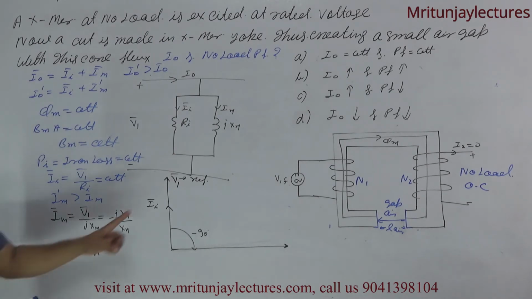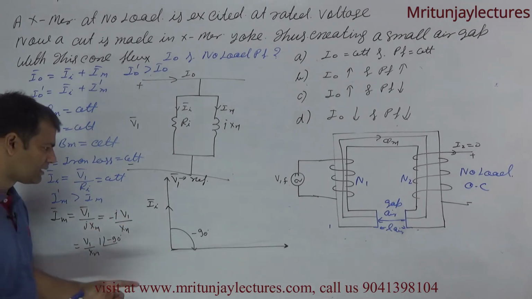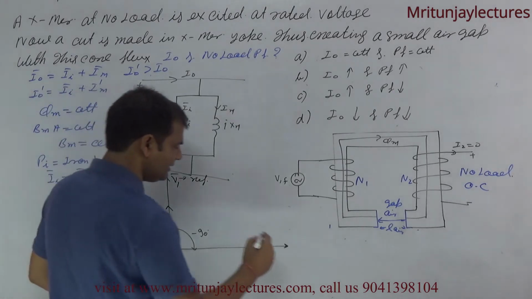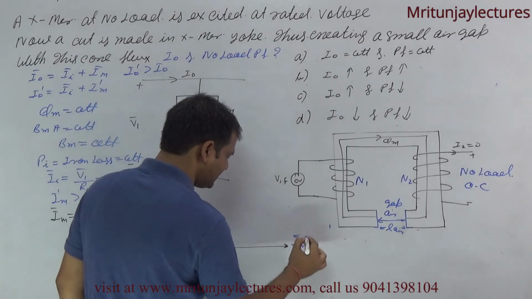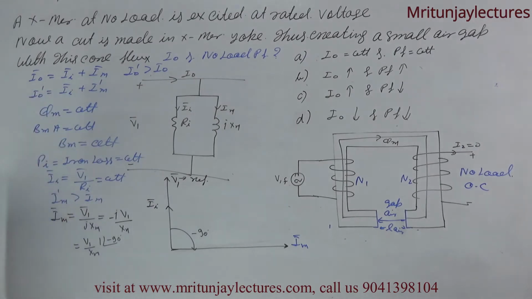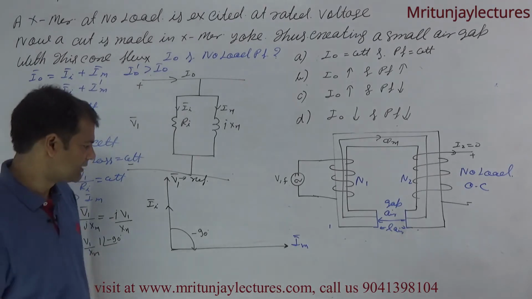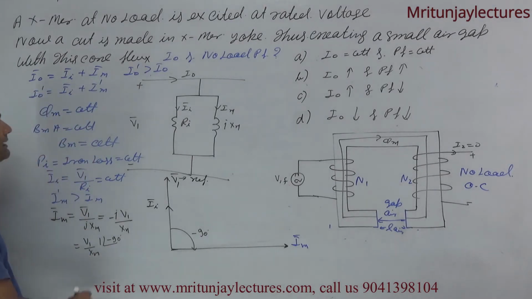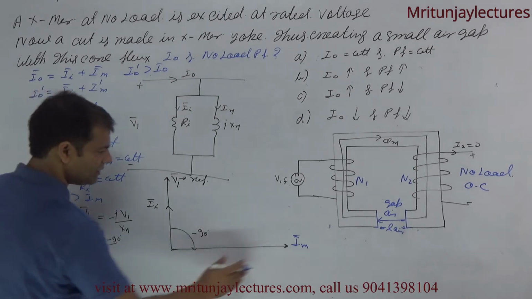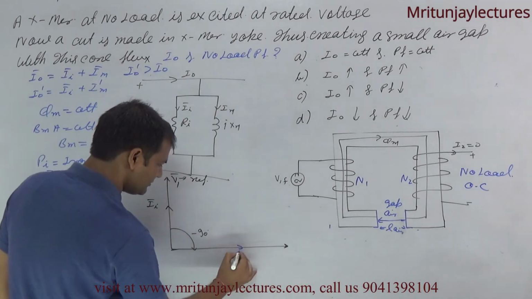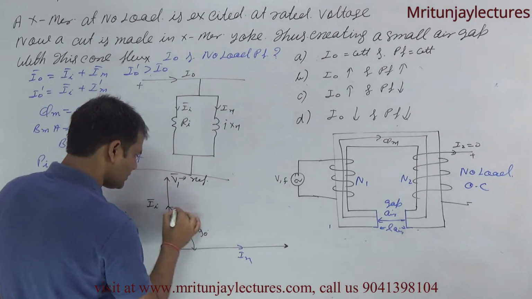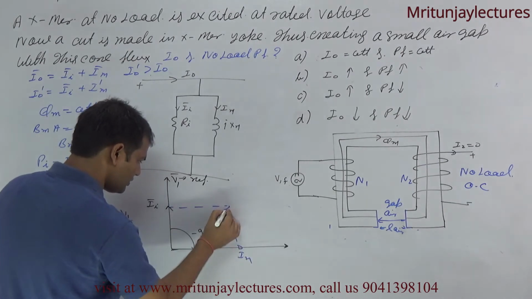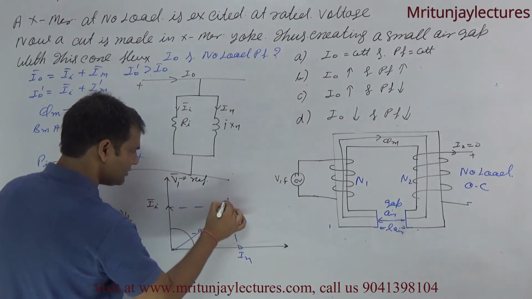Okay, V1 leads Im by how much angle? 90 degrees, or you can say that Im lags V1 by how much angle? 90 degrees. Clear? Now Ii like this one, and suppose Im corresponds to this one, so that is I0.